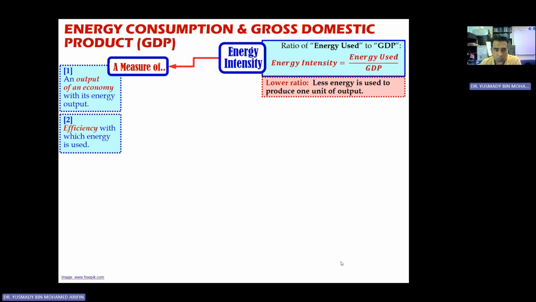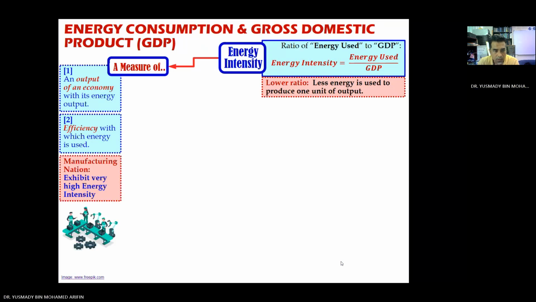Process B produces the same amount of product but requires around 5000 kilojoule. Process A is better because it uses less energy compared to process B. This shows that process A is more efficient than process B.